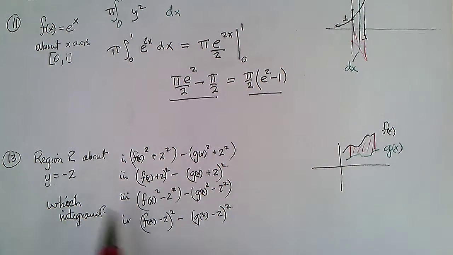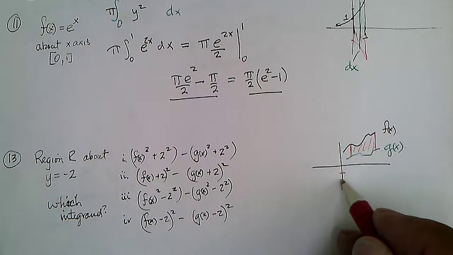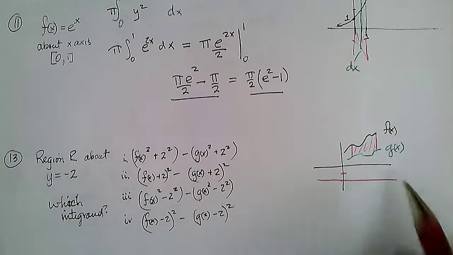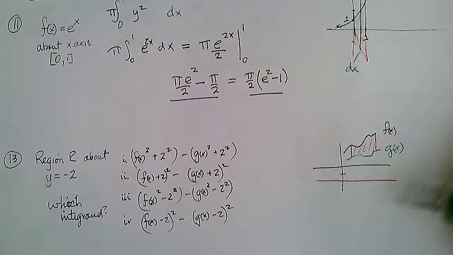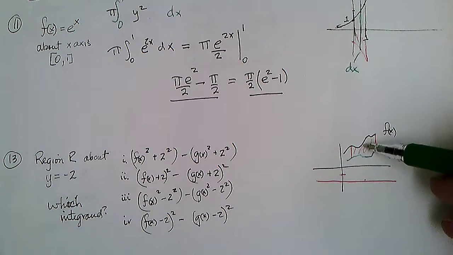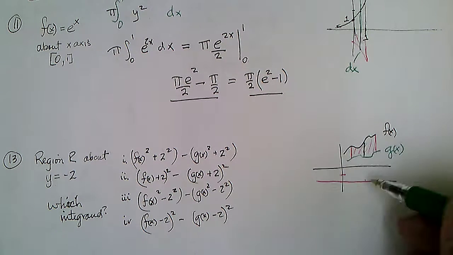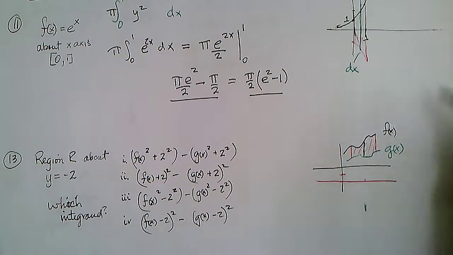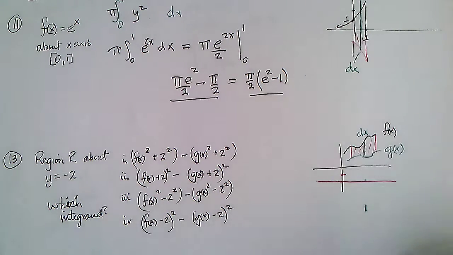And we're spinning it around y equals minus 2. So a slice would be, this is the axis, we do the disk, so it would be a slice like this. Its thickness would show up down here. Its thickness is in the x direction, so that's dx. So we'd be doing an integral with respect to x.